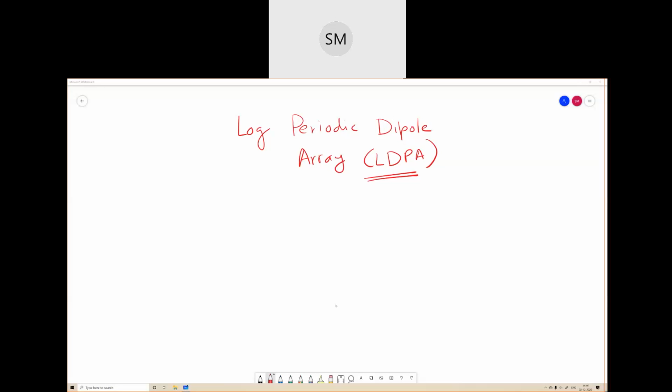So, what is the basic structure of a log periodic dipole array? This is the feed. Okay. And now note the structure.